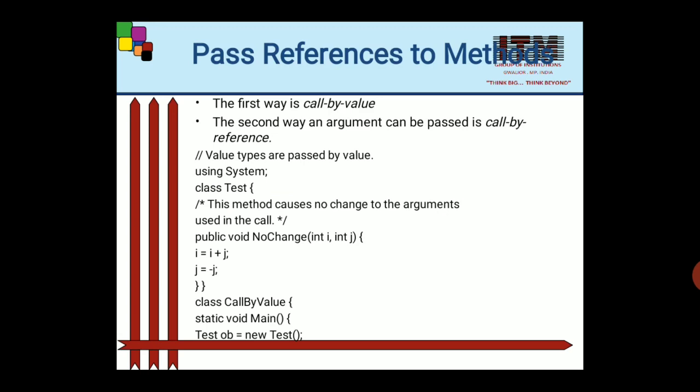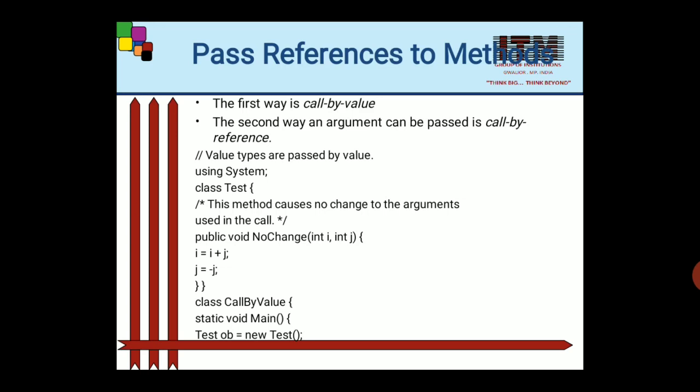The first way is call by value. This method copies the value of an argument into the formal parameter of the subroutine. Therefore, changes made to the parameter of the subroutine have no effect on the argument used in the call. The second way an argument can be passed is call by reference.